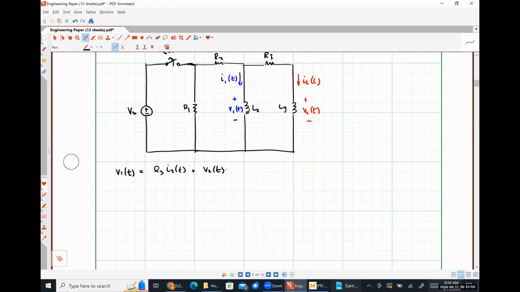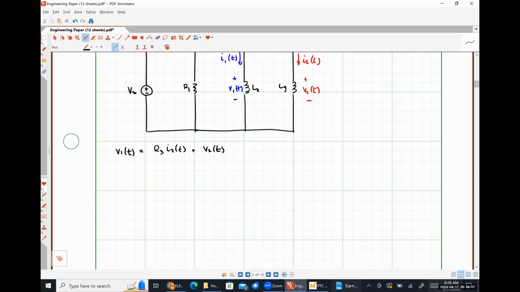Everybody okay with that? Now V1 and V2 are both inductor voltages. So I could express, oh, let's change this to L1 and L2 so I don't have X's and Y's and ones and twos all over the place. That's just going to confuse myself.